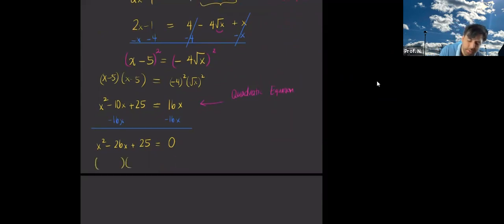Are there two numbers whose product is equal to positive 25, but when you add them, give you negative 26? So what are those two numbers? Anybody have the two numbers that multiply to 25 positive, but when you add them, give me negative 26?